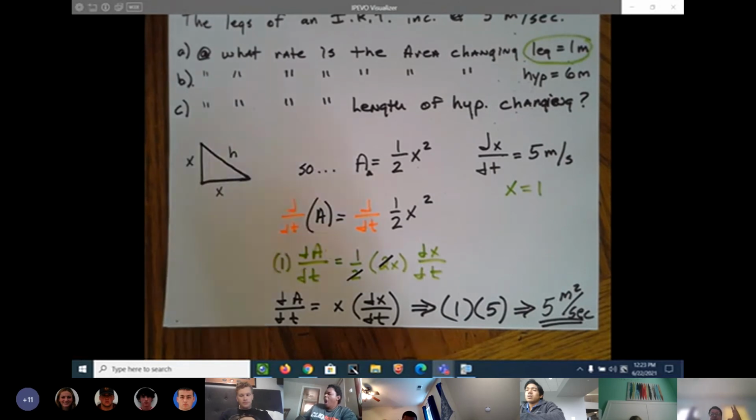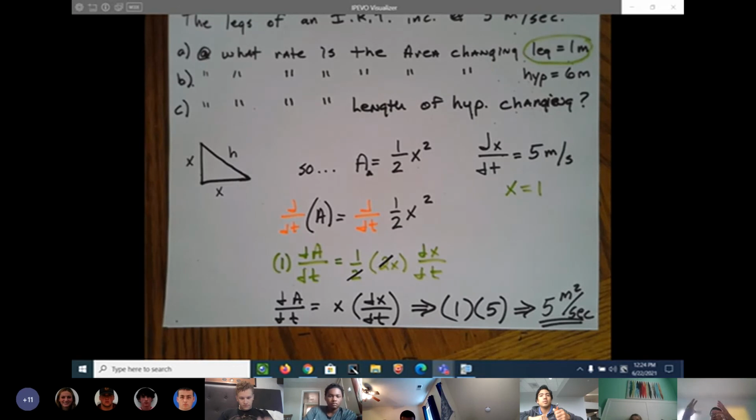Now you've got to picture that: that triangle is growing, and when x is equal to 1, ding, that area is growing at 5 meters squared per second.